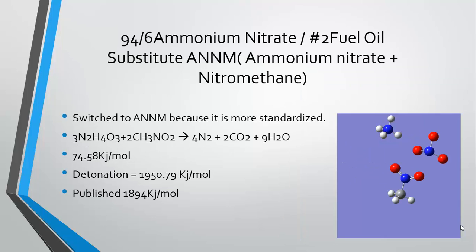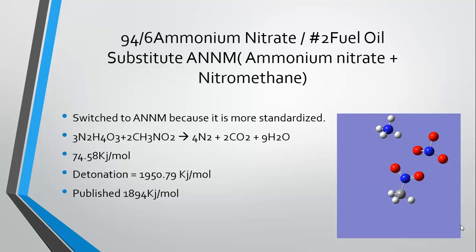Alright, here's an exception I made. 94% ammonium nitrate, 6% fuel oil, number 2, is difficult to calculate, especially because you have a fairly long carbon chain in there. And I don't know how reactive it is, and it would throw off my numbers immensely. So I substituted it for ammonium nitrate and nitromethane, which is a smaller molecule, and it's more standardized. It's made the same way every time.